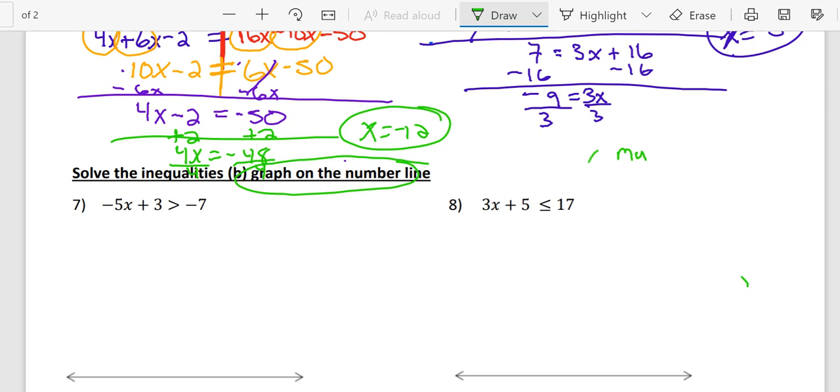And then the other thing is whenever you multiply, this is the asterisk, it's going to change it. Whenever we multiply or divide by a negative, hopefully this sounds familiar to you guys, we must flip the sign, we must flip the inequality.